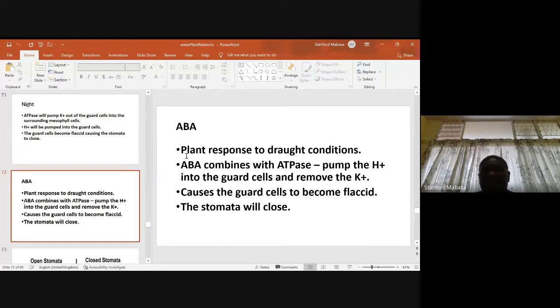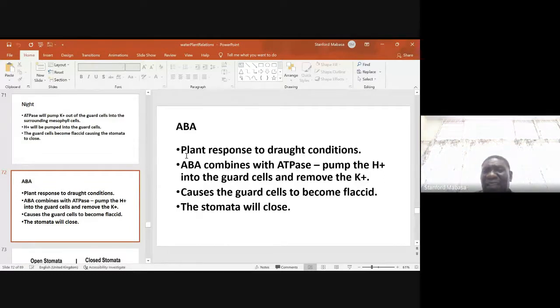Abscisic acid will combine with ATPase and pump the hydrogen into the guard cells. Normally the stomata is open during the day, but the opposite is now going to happen because of abscisic acid. It's going to pump the hydrogen into the guard cells as if it is now during the night. It's a mechanism of controlling opening and closing of the stomata.